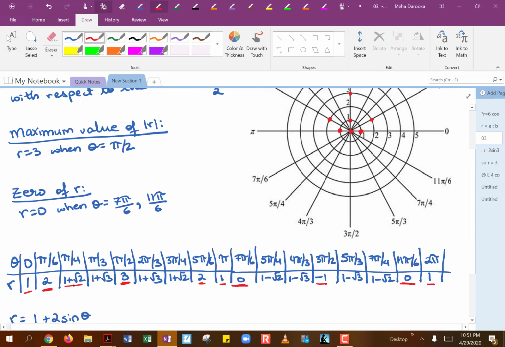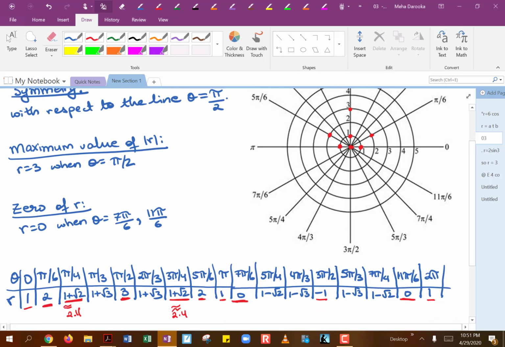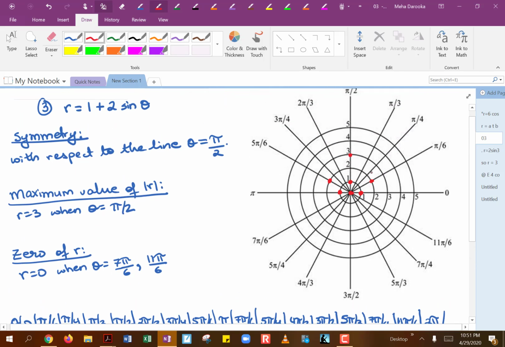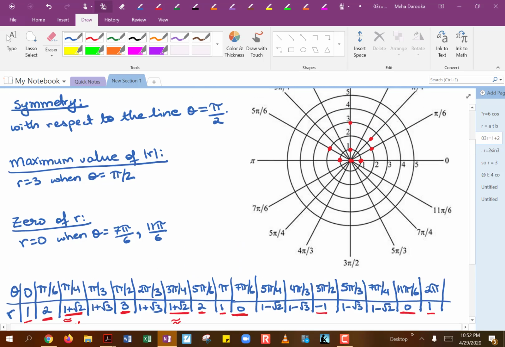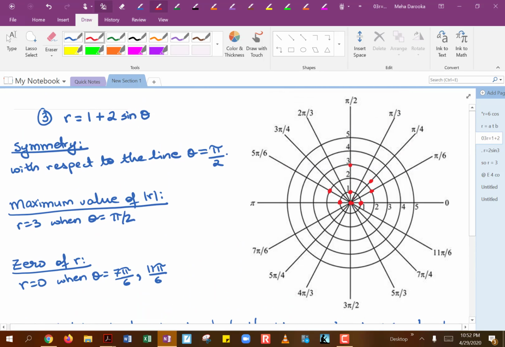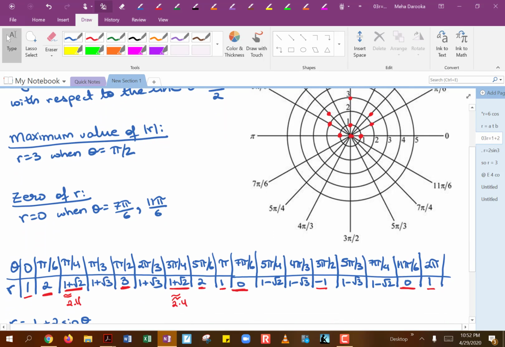Let's see what these values are going to be at our 45-degree angle. We have 1 plus square root of 2, which gives you approximately 2.4. So at pi over 4, it's 2.4, somewhere over here, and that's also at 3 pi over 4, so 2.4 maybe somewhere over there.